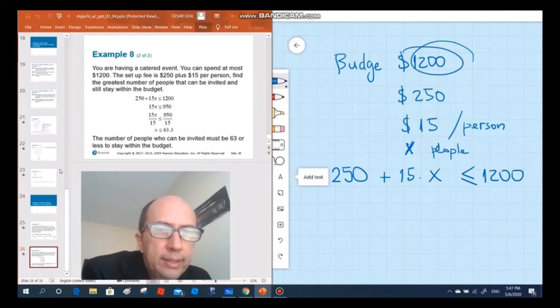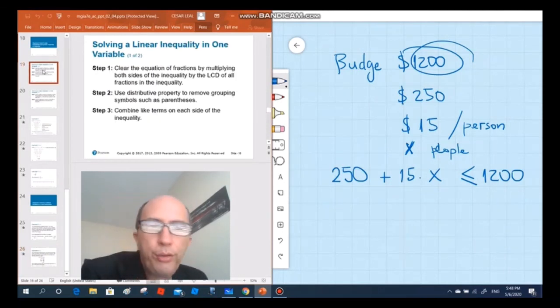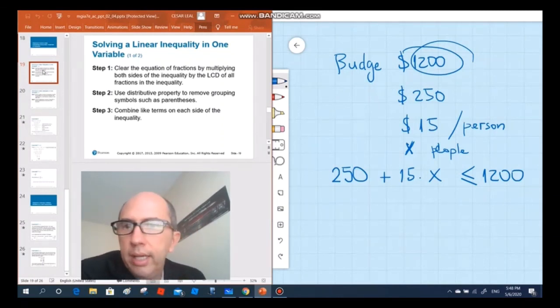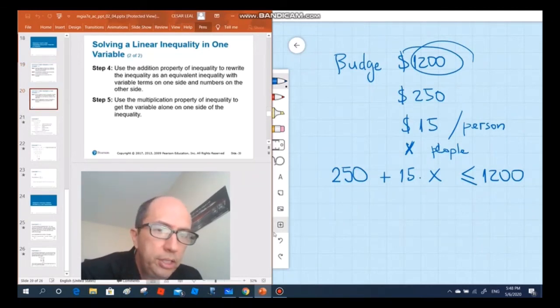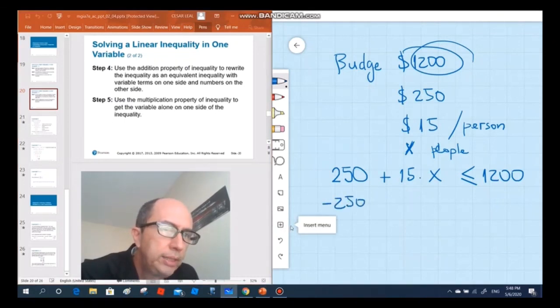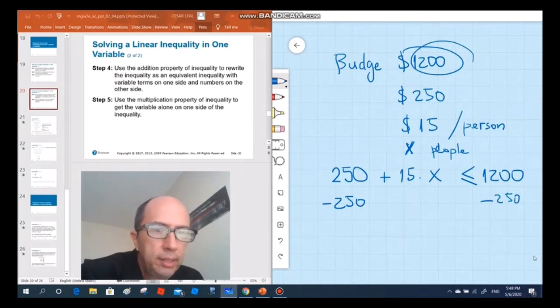Let's find x, and remember, step by step: clear the equation of fractions, no fractions; use distributive property, no need; combine like terms, no like terms here; use addition property, and let's subtract 250 from both sides.